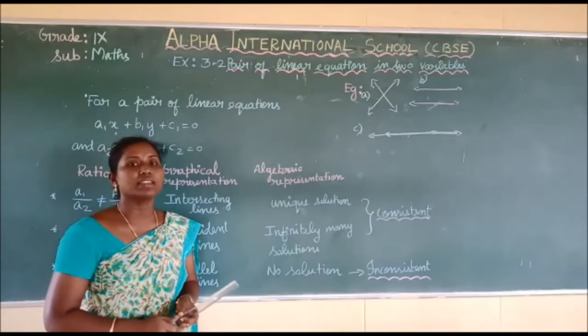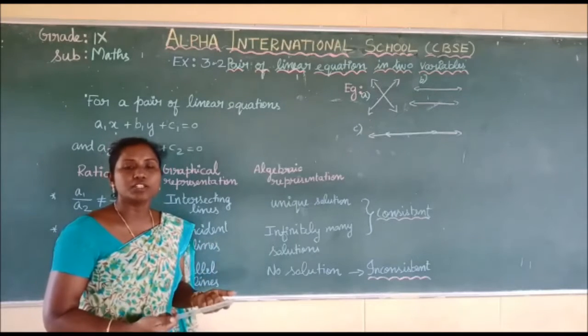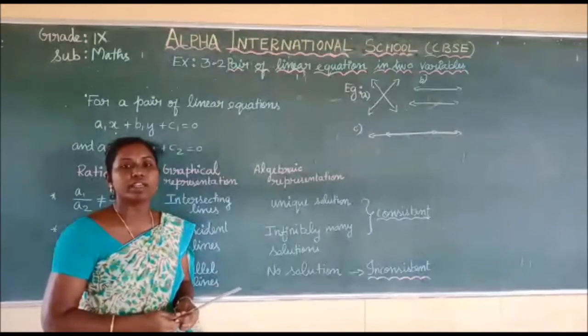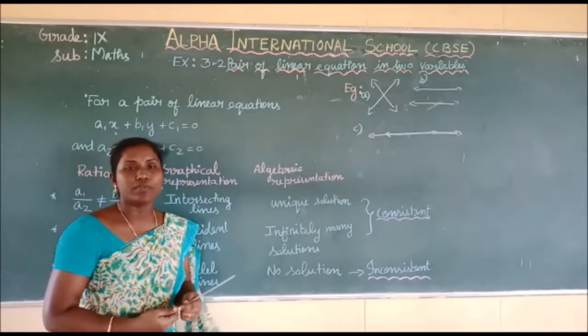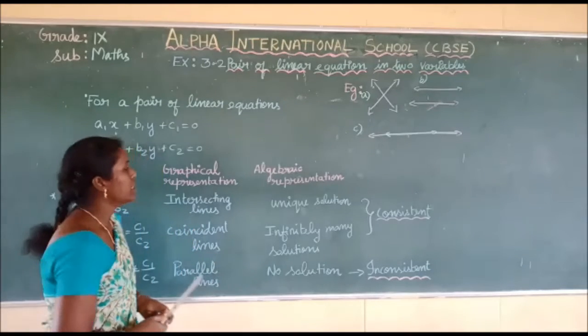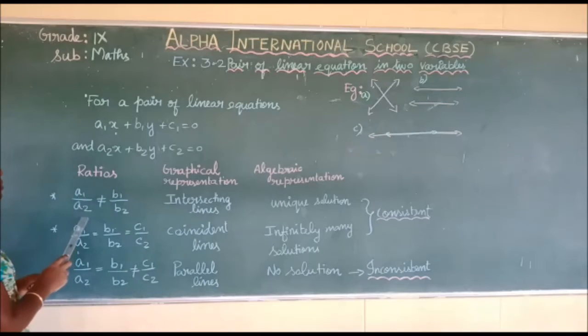Before that, we will start with the intro: how to identify the nature of the solution of the given pair of linear equations. See, by comparing the ratios of the coefficients, first one, a1 by a2.